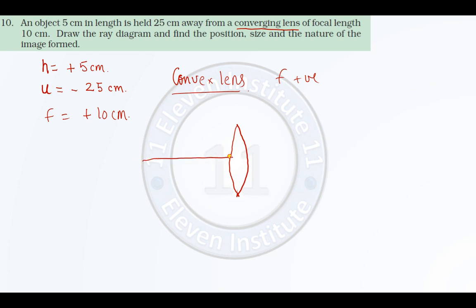So here we are having the optical center. Here we are having the point F1, and suppose here we take the point 2F1. Similarly on the other side we will take the point F2, and over here we will take the point 2F2.